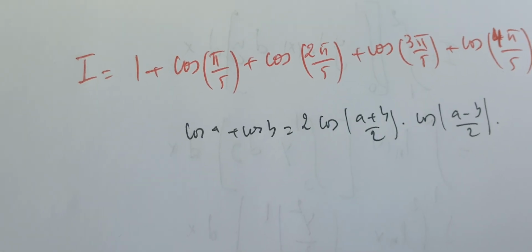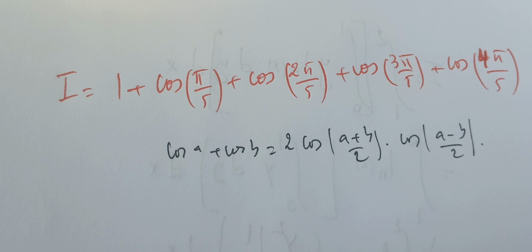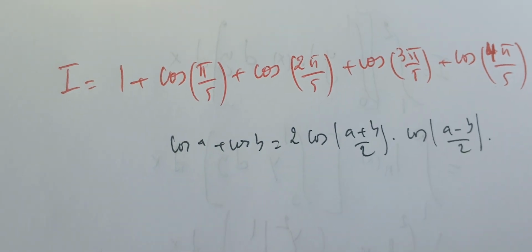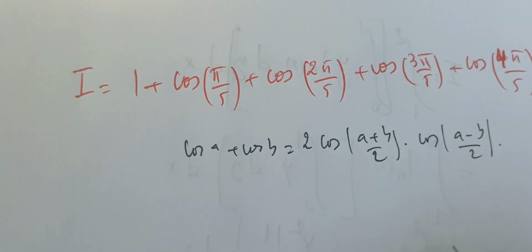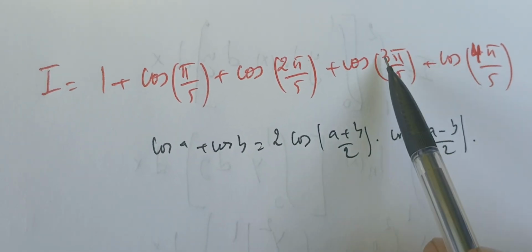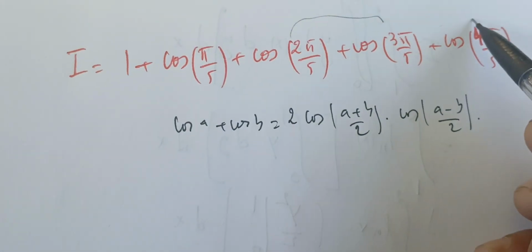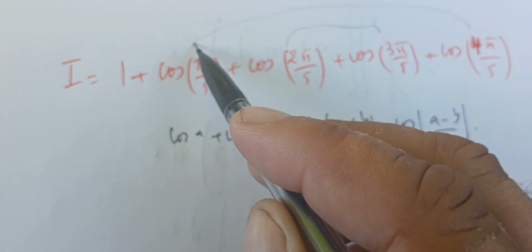We can choose any angles. This will work for any angle, but to make it quick, we're going to use these two here. We add these two, and later we add these two.